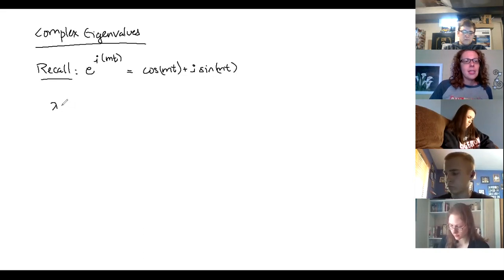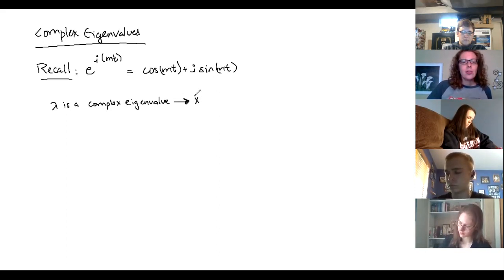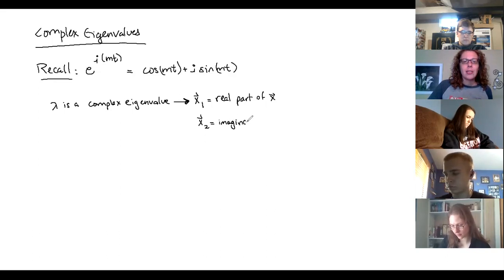And if lambda is a complex eigenvalue, this will make more sense when I do an example, but I just want to say it first. If lambda is a complex eigenvalue, then we're going to say x1 is the real part of x, and x2 is the imaginary part of x. And remember what x was? x is e to the lambda t times v, right?